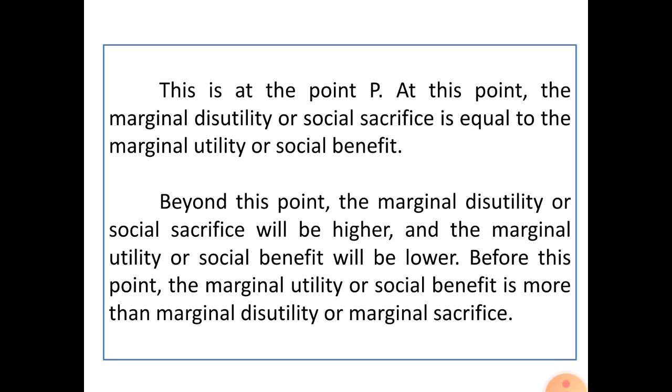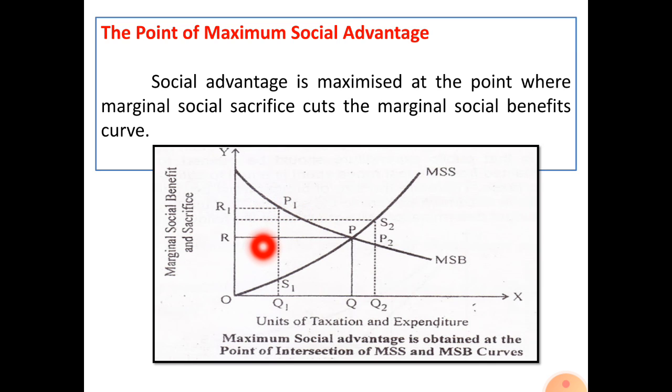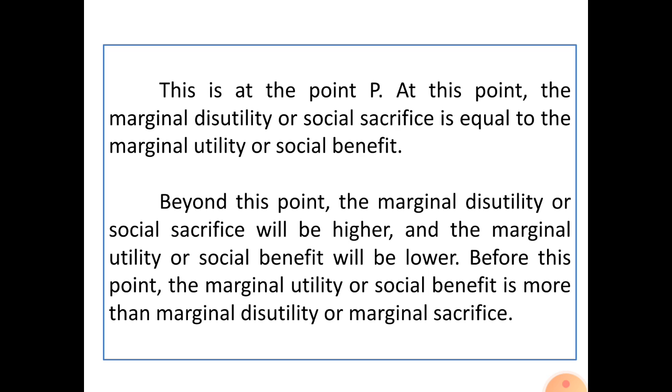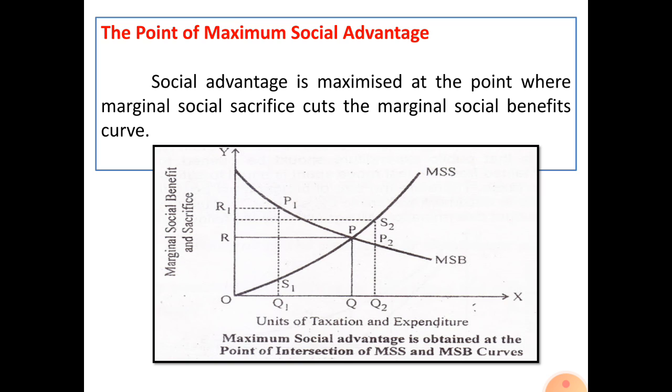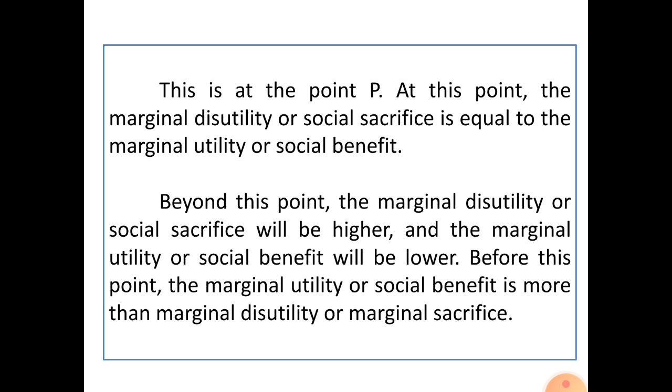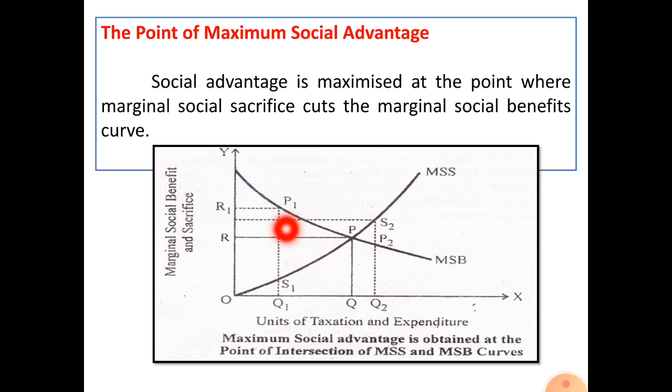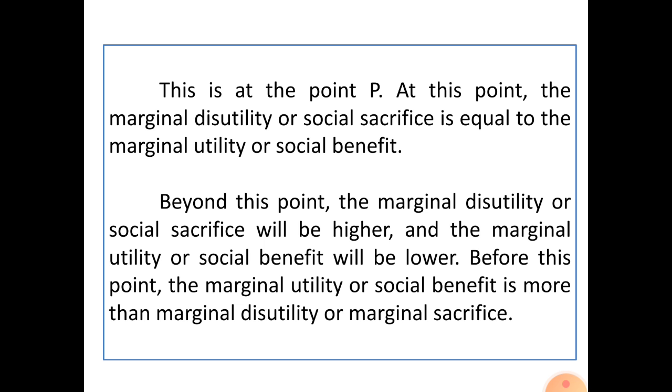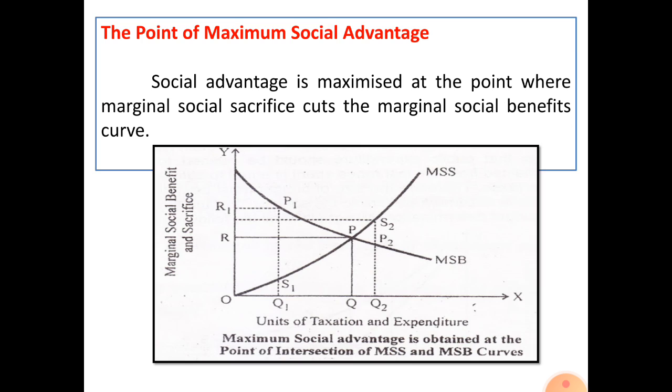Before this point, the marginal utility or social benefit is more than the marginal disutility or social sacrifice. When the marginal social sacrifice is very high, the marginal social benefit will be lower.